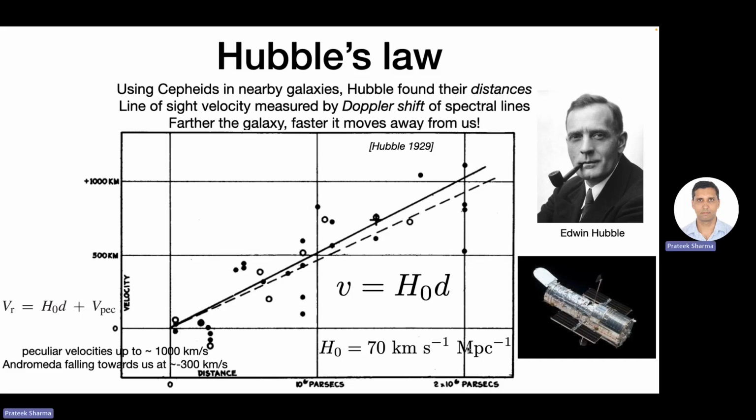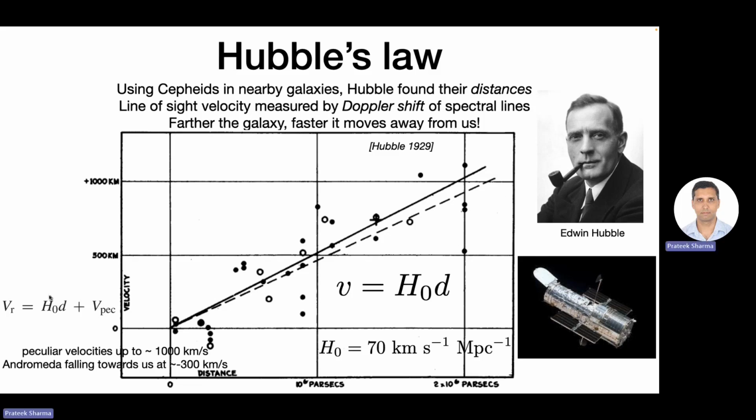non-physicsy looking units. Oh, yes, yes. From which formula? This formula? No. This is basically dominated by the peculiar velocity. So Andromeda is so nearby that this term for Andromeda is much smaller than this term.